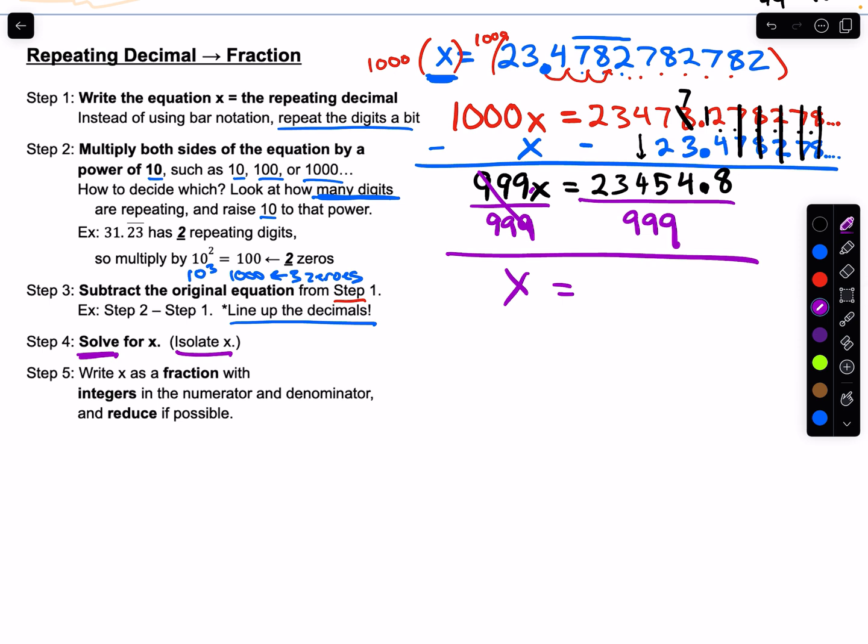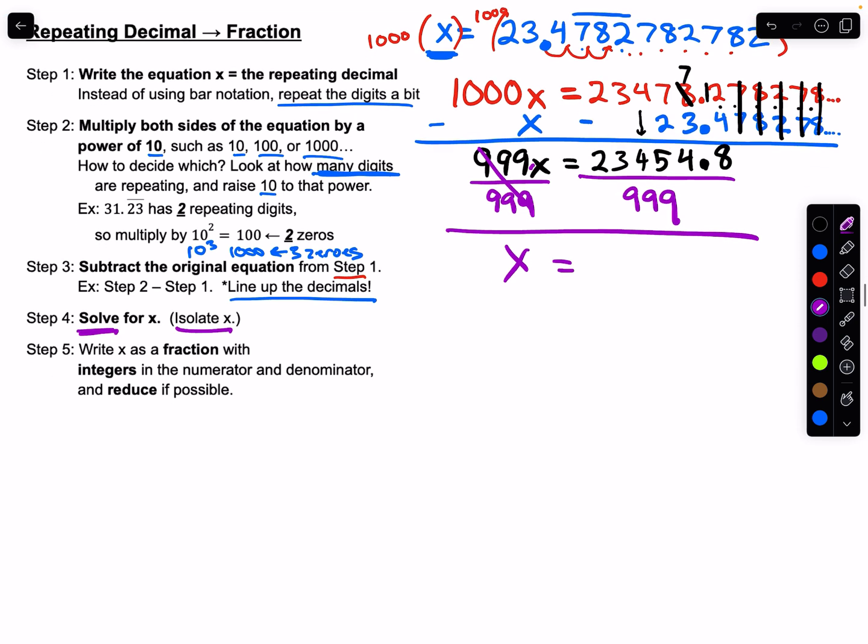The thing is, what I want to do in step 5 is to write the x as a fraction with integers in the numerator and the denominator. And this numerator here is not an integer, it is a decimal. So what can I do to make it an integer? Well, how about we just multiply it by 10? That'll move that decimal place on over, right?